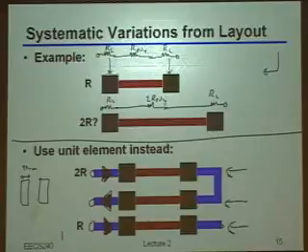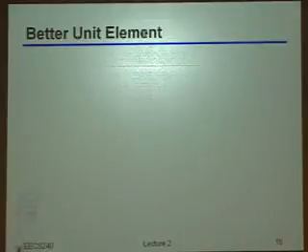We spent some time talking about in the resistor case how, for example, the contacts could cause errors if you weren't careful about them, and how even the direction of the current flow could cause some errors if you weren't careful about that. So at the very end we started drawing what a so-called better unit element would be.